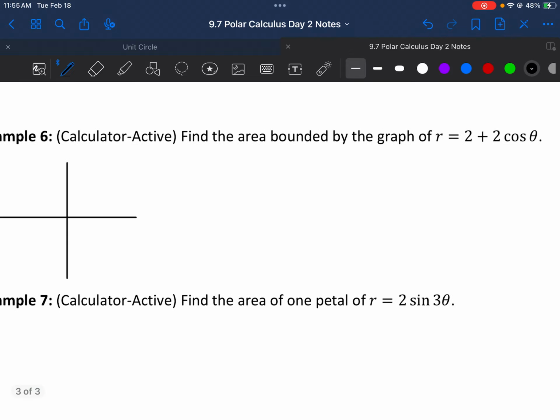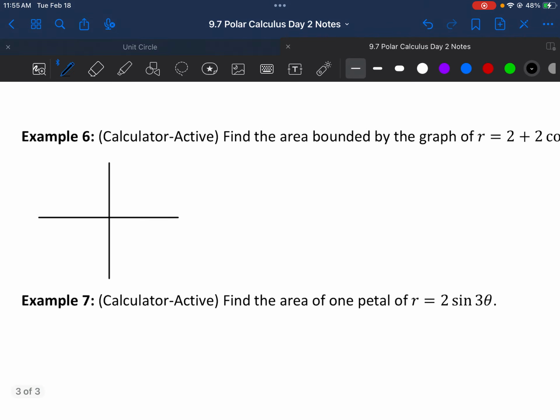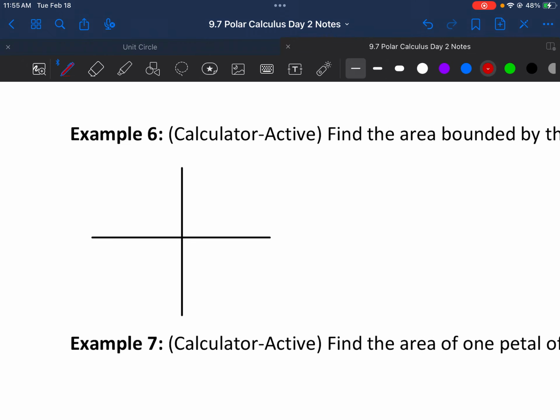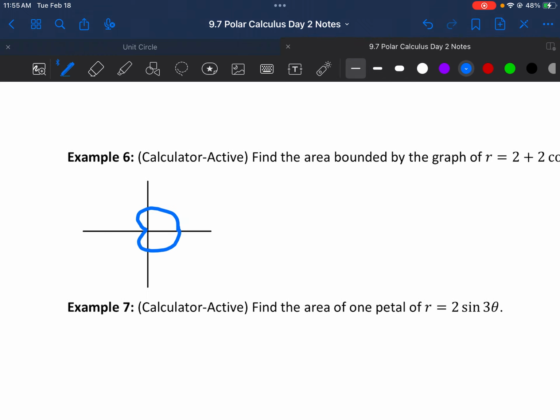If you were to graph r equals 2 plus 2 cosine theta in your graphing calculator, while your calculator is set to polar, you would get a graph that looks a little something like this. I do my best to imitate this. Pretty bad. Let's try that one more time. Something like that.